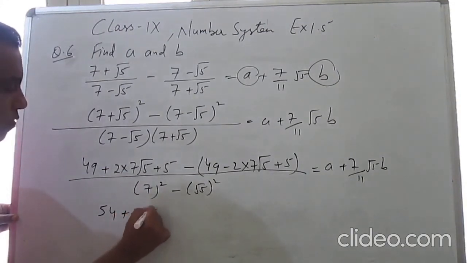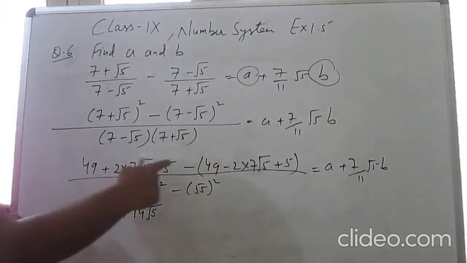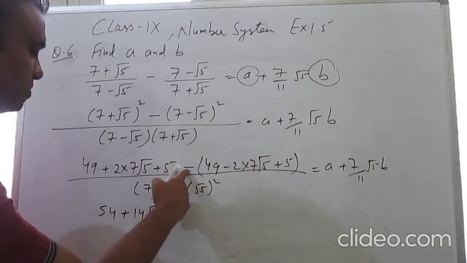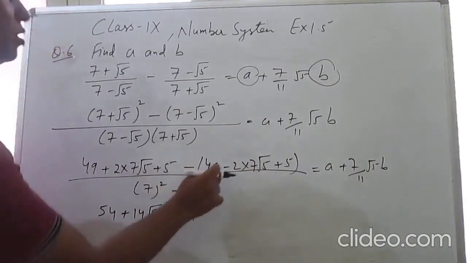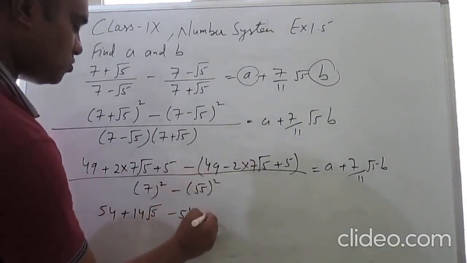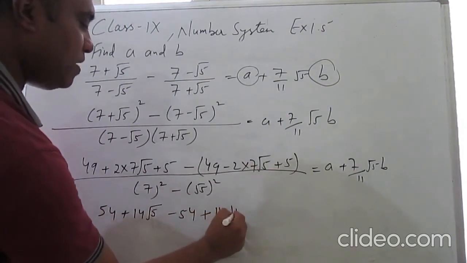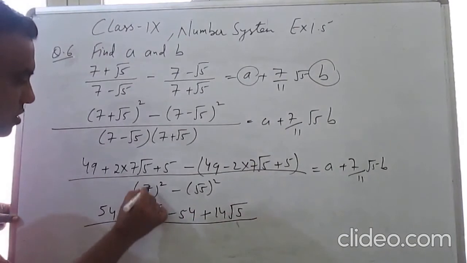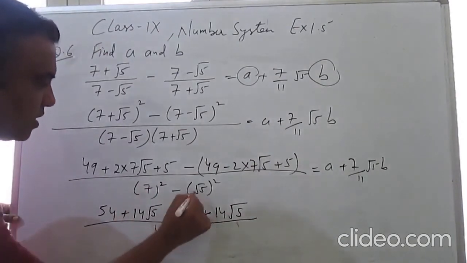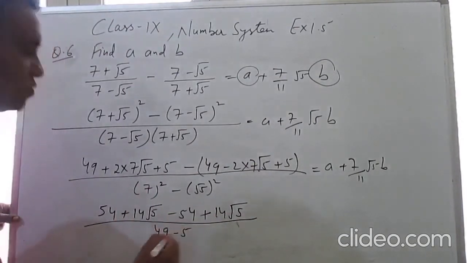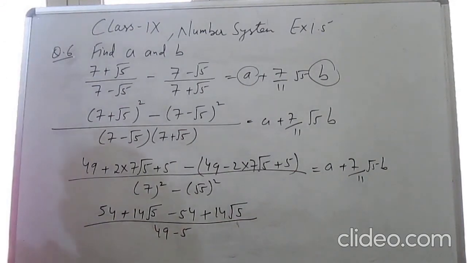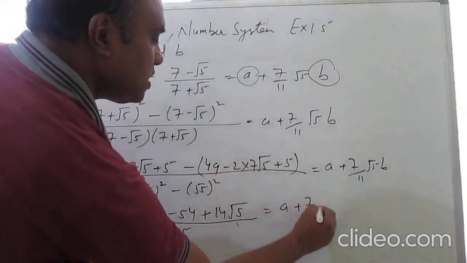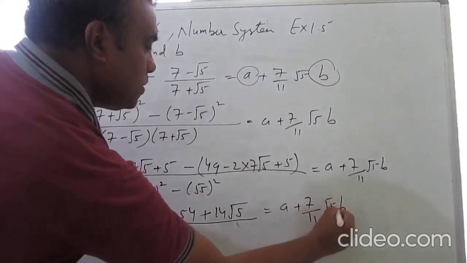Then minus 54 plus, and since the outside bracket is minus, it becomes minus 54 minus minus, plus 14 root 5, upon 7 square 49 minus root 5 square 5. 49 minus 5 is 44. Keep this as it is, 7 upon 11 root 5 b.